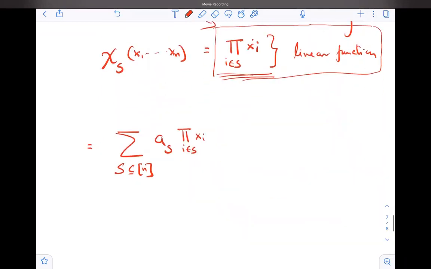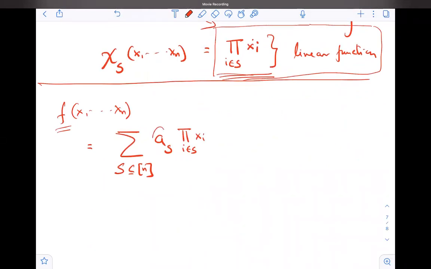Which basically brings us to here: any function f can be written as a combination of linear functions. So instead of explaining the function by giving you the evaluation at all the points, I can also give you this function by telling you the coefficients of those monomials.